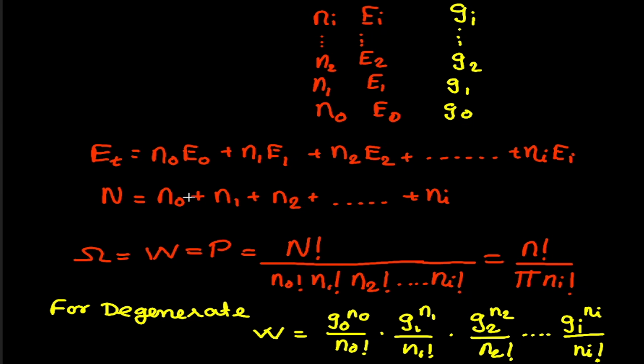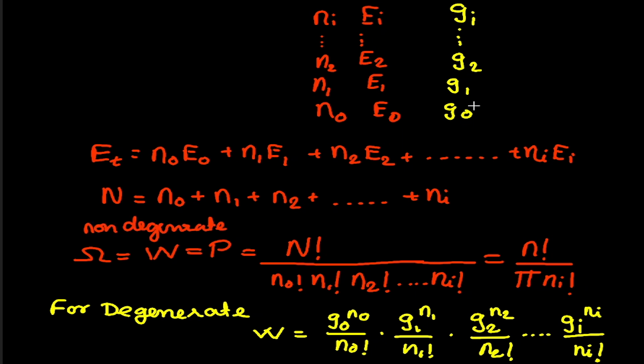So for such a distribution, the thermodynamic probability is given as n factorial divided by n0 factorial, n1 factorial up to ni factorial, and that we could write as n factorial divided by capital pi of ni factorial. As we write summation for addition, for multiplication we write capital pi. So this is for the system that is non-degenerate.